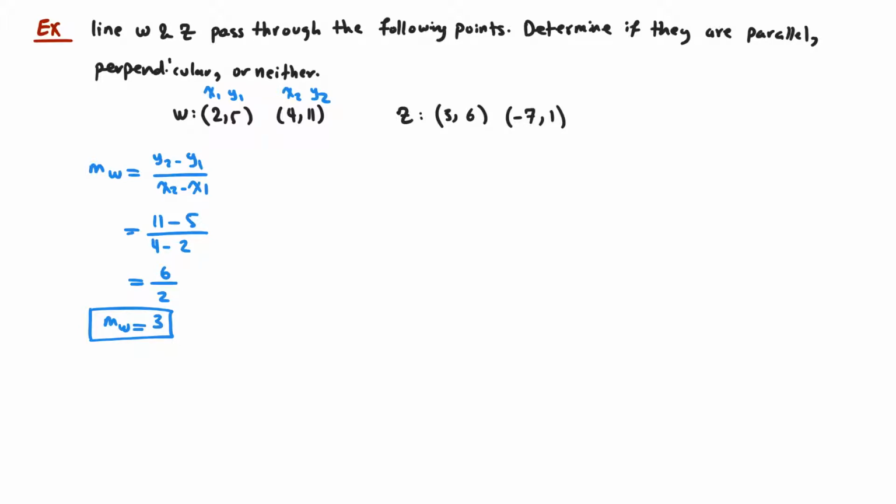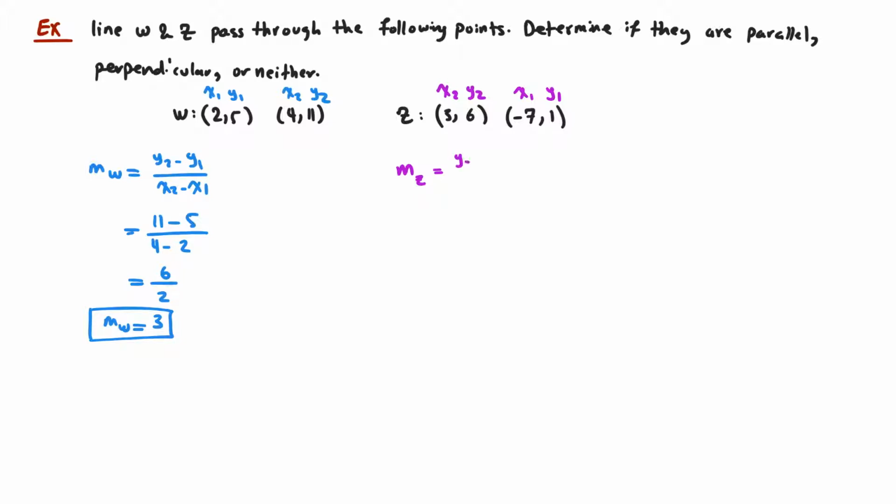Slope of line Z, I can say slope letter M of line Z, subscript Z, is equal to, and again, it doesn't really matter how we label things, so I'll label this time as x2, y2, x1, y1. I just want to show you that it doesn't really matter how we label, we should get the same answer.